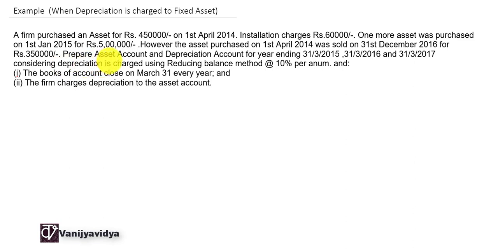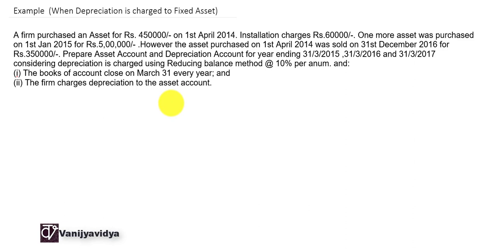Considering depreciation is charged using reducing balance method at the rate of 10% per annum. And two more informations are given. One, the books of account close on 31st March every year and the firm charges depreciation to asset account. The firm charges depreciation to asset account means the provision for depreciation account is not separately maintained.